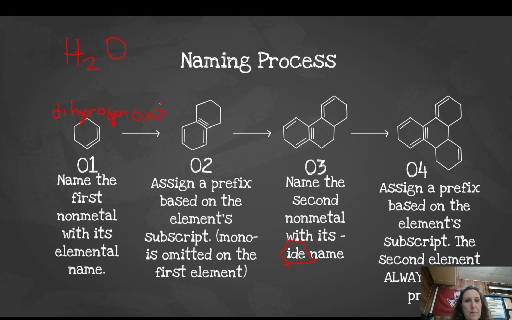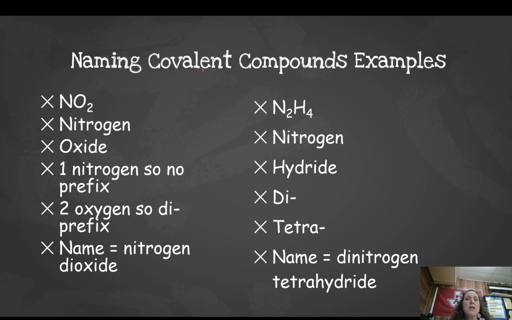And if that second element has one, like I don't have anything here, so it's assumed to be a 1. If it has a 2, 3, or 4, you need to add that appropriate prefix.